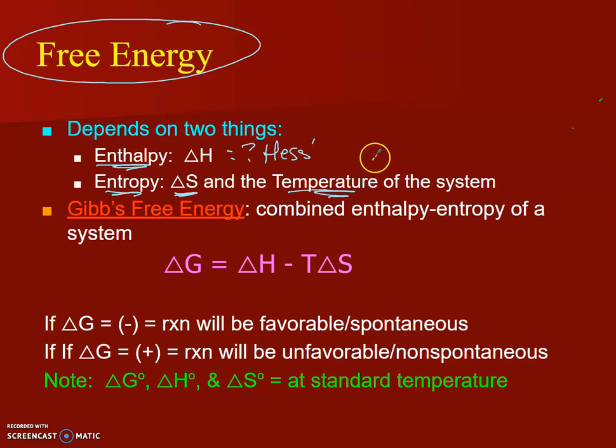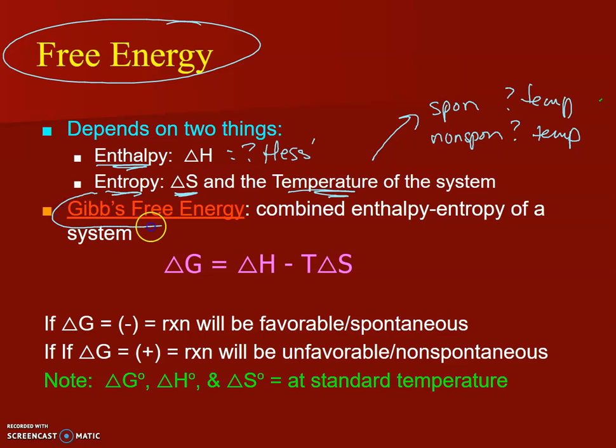So at some points, you can see that things will be either spontaneous or non-spontaneous, totally dependent on the temperature. So it takes energy to melt ice, but if you don't have enough energy, it's not going to melt on its own. So we use the Gibbs free energy equation to determine the enthalpy and entropy of a system.